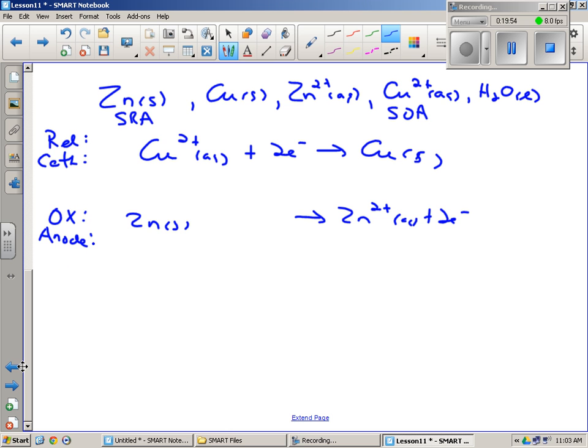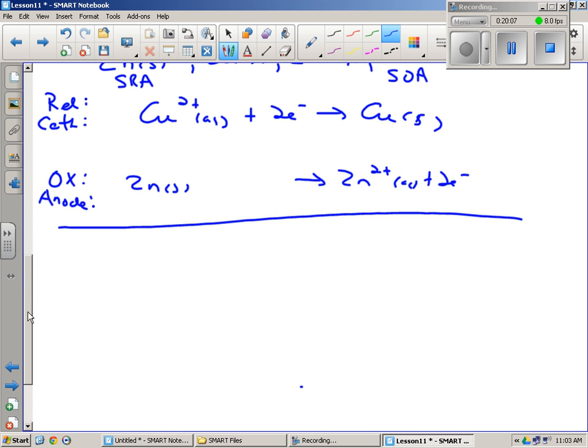And we're going to add them up just like we did before, right? And before we call it the redox reaction. Okay, well, we can still call it that, but we're also going to give it a new name. Copper 2 plus and zinc solid gives me copper solid and zinc 2 plus. Okay?